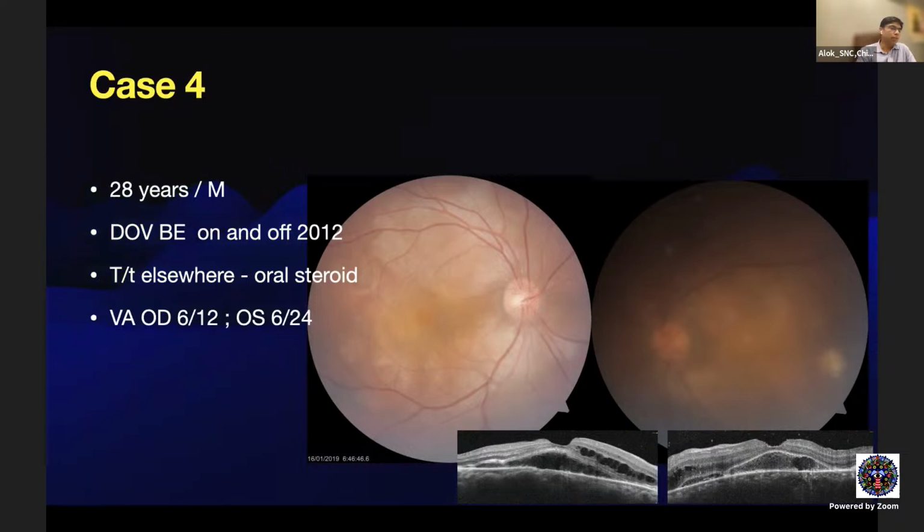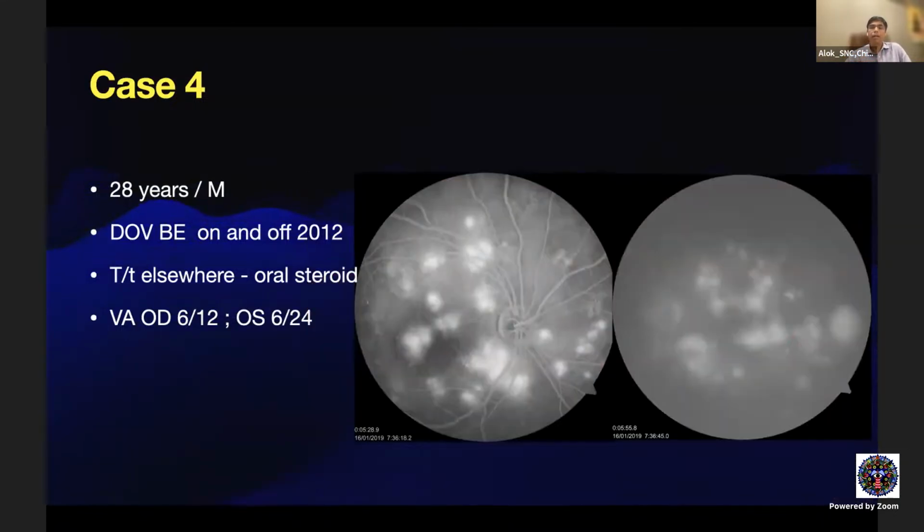And what you can see on the fundus examination is these deep yellow lesions in both the eyes with pigmentary alteration, and there was neurosensory detachment, which was more evident on the OCTs in both the eyes, and there was subretinal hyperreflective material in the left eye. So we went ahead and did angiography, and again the angiography showed pinpoint leakage in the eyes.